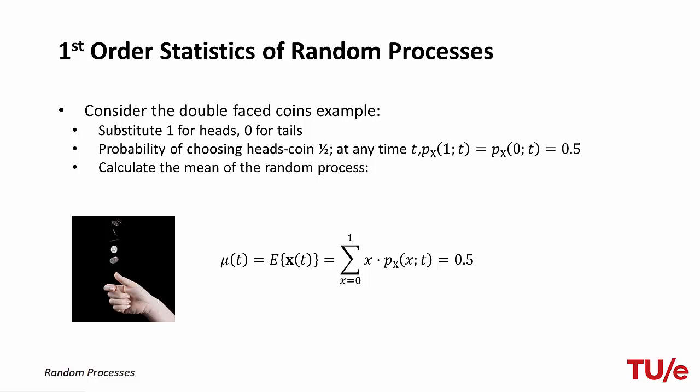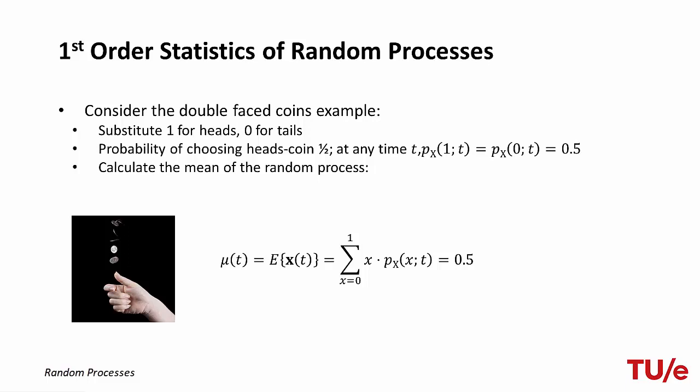The probability of choosing the heads coin is equal to the probability of choosing the tails coin. Once the coin is selected, we know that throughout the time series, we will get only 0 or only 1. However, for calculating the mean of the random process, we are interested in the statistics of possible outcomes at any given time.